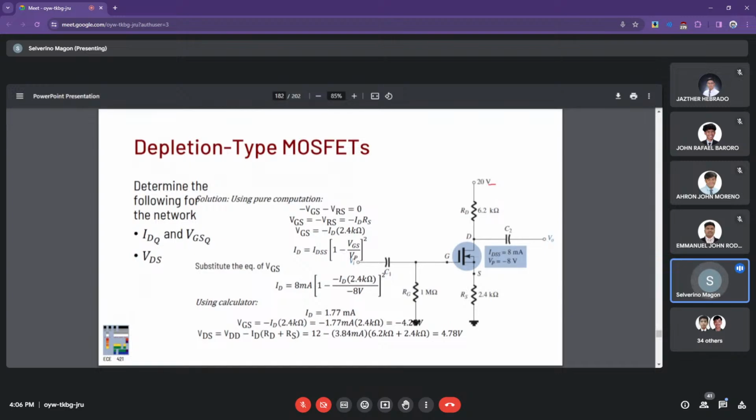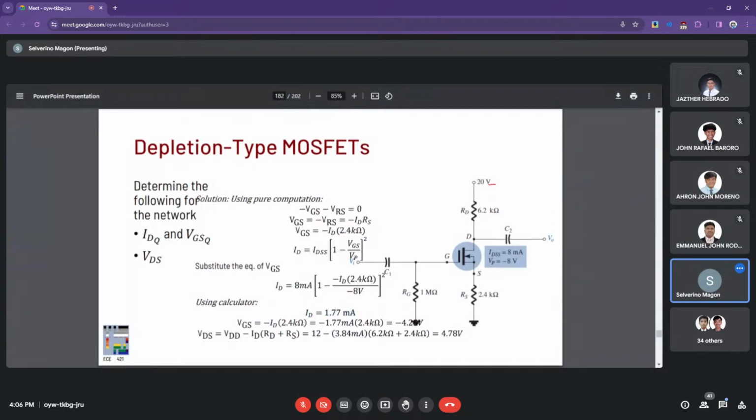Okay, so here we have VGS as equal to minus IDRS as well, and we have the same expression for VGS, which we will again plug into the Shockley's equation. So the Shockley's equation becomes a second degree equation, or can be expressed in quadratic form, which we can just solve using a calculator.